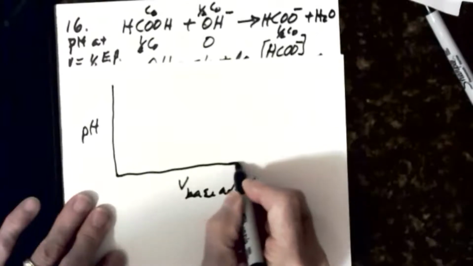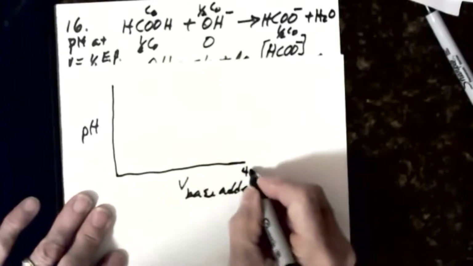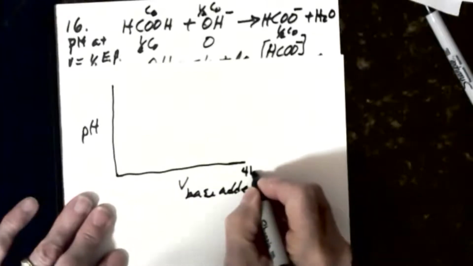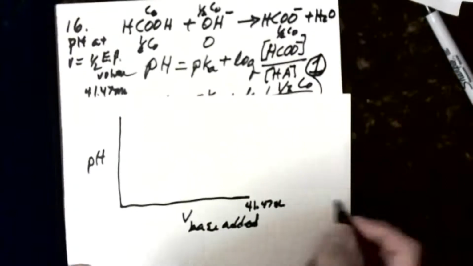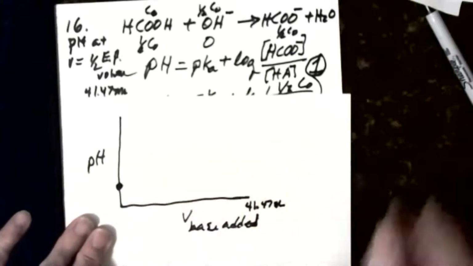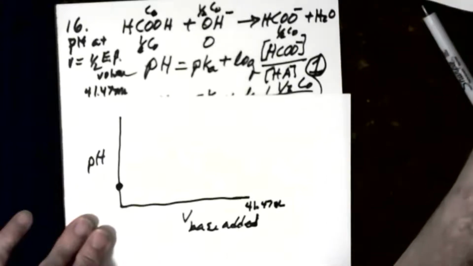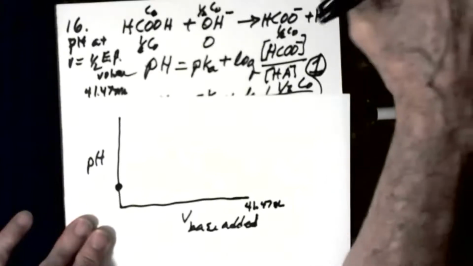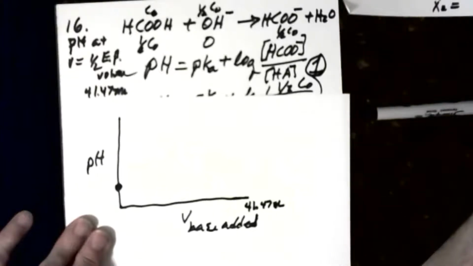Okay, and I'm going to go all the way out here, and the equivalence point volume we need to add was 41.47 milliliters. And we've already calculated the pH before any base was added.